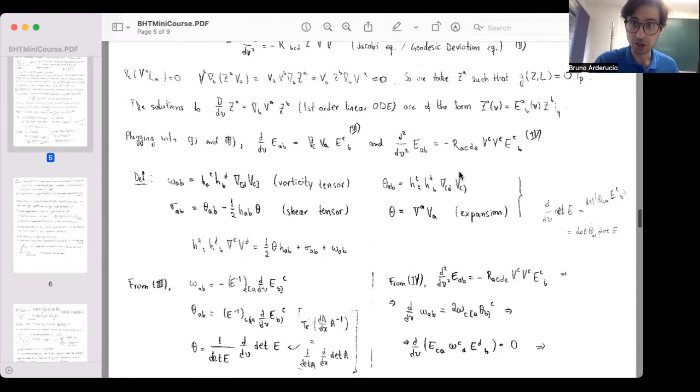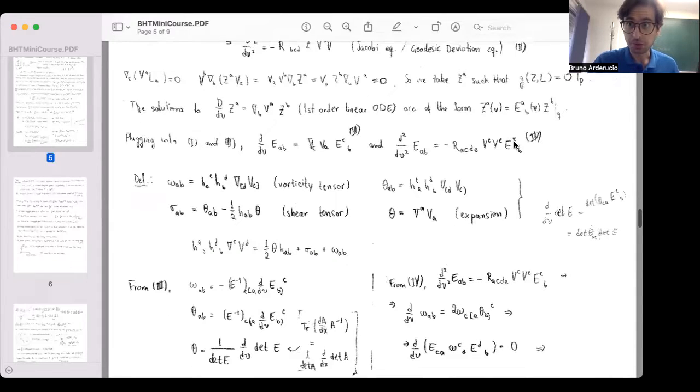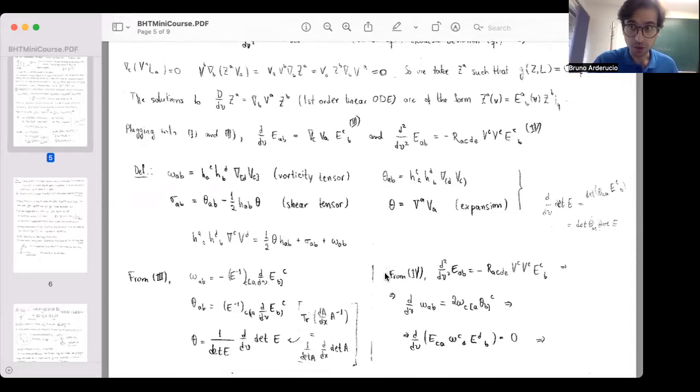E is the transformation of a vector between the two points. And the determinant, as you probably remember from linear algebra or multivariable calculus, measures precisely the area, or the volume, or hypervolume, of the transformation. So this theta is saying precisely the relative variation of the area, which is two-dimensional because these are null geodesics.